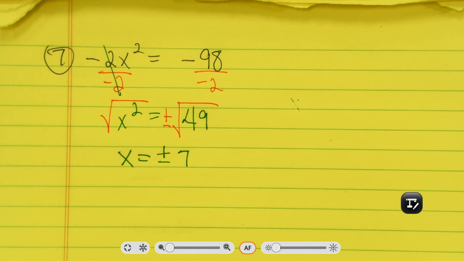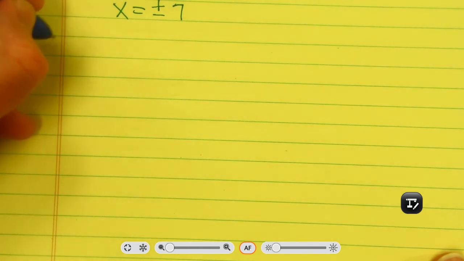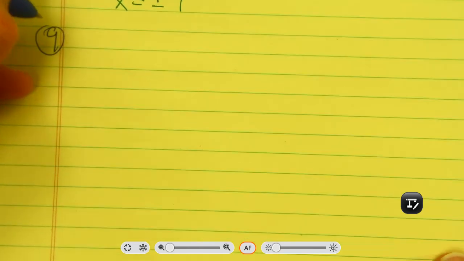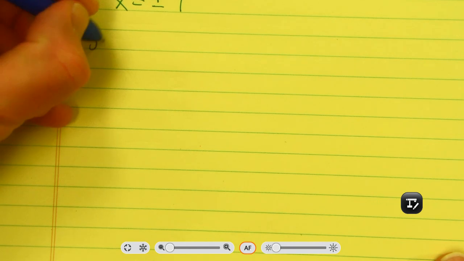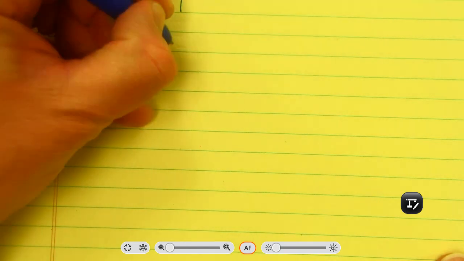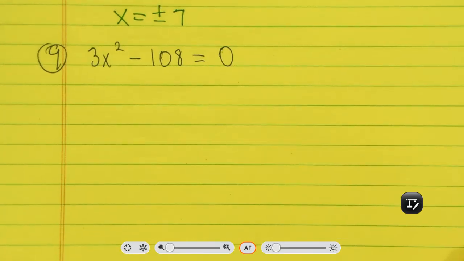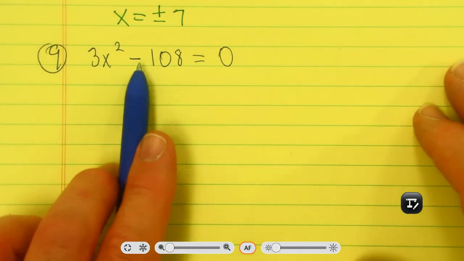So let's look at one more example, number 9. Number 9 is going to pull everything together just a little bit. It's 3x squared minus 108 equals 0. So again, it fits what I'm looking for. I don't have just a single term of x.